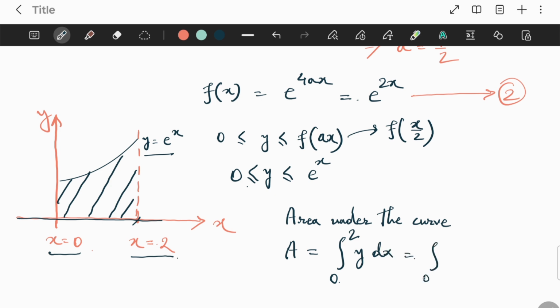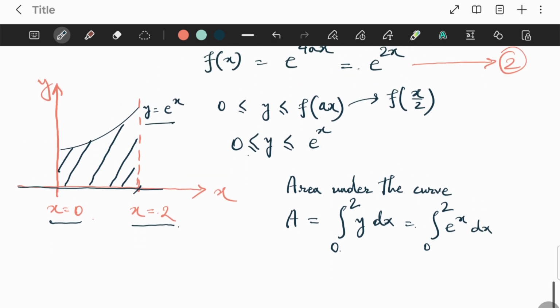That means integration 0 to 2 e to the power x dx, and integration of e to the power x means e to the power x, with a lower limit 0 and upper limit 2. And that gives you e square minus 1.